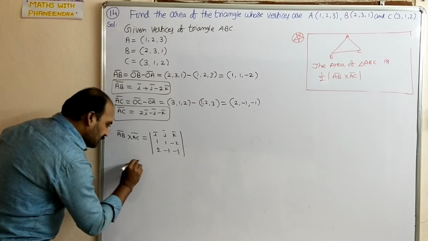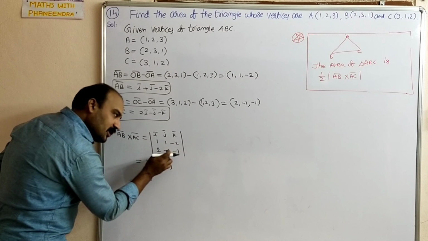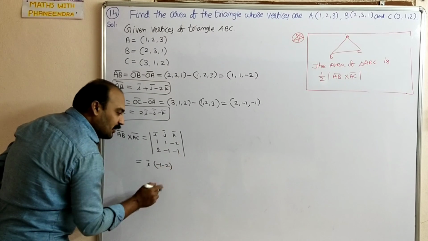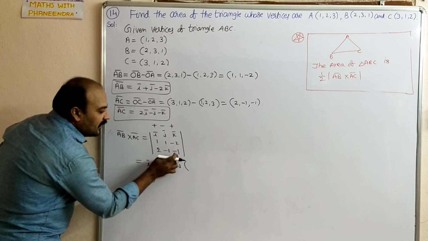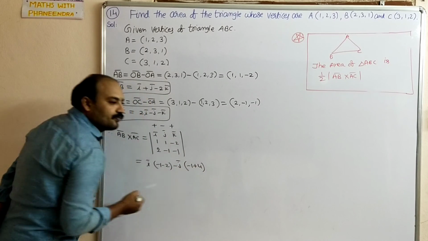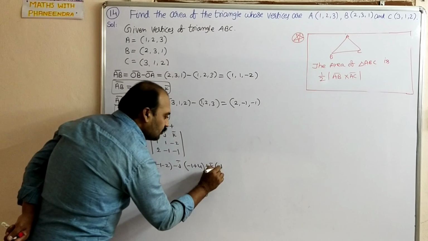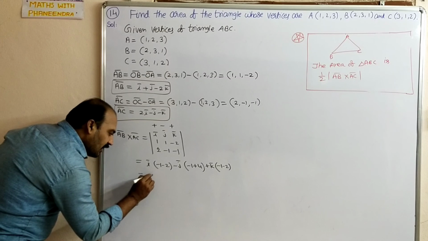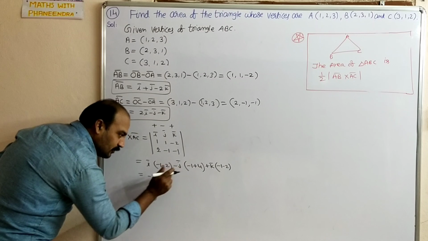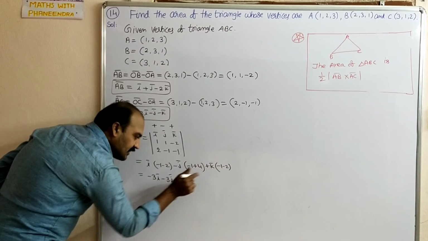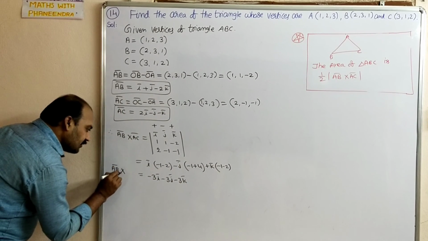After expanding this: I into (1 minus 1, minus 2 into minus 1), minus J bar into (minus 1 plus 4), plus K bar into (minus 1 minus 2). So this equals minus 3I, minus 3J, minus 3K. So AB bar cross AC bar equals minus 3I minus 3J minus 3K.